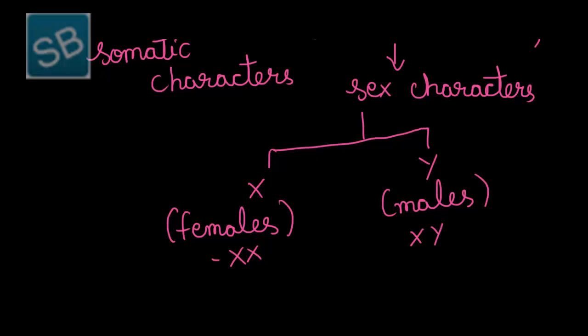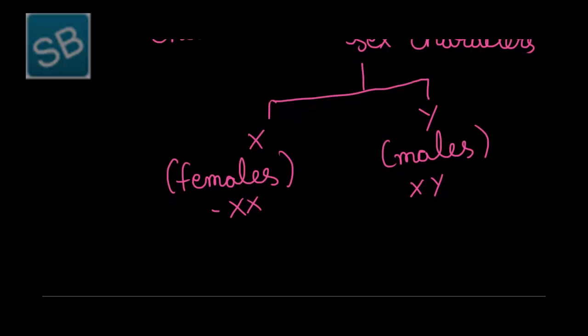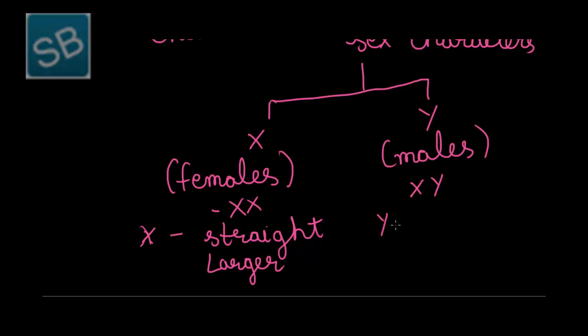Out of these, generally in organisms like humans and insects, they possess different features in chromosomes, that is, the X chromosome is straight and larger, while the Y chromosome is small and is bent at one end.